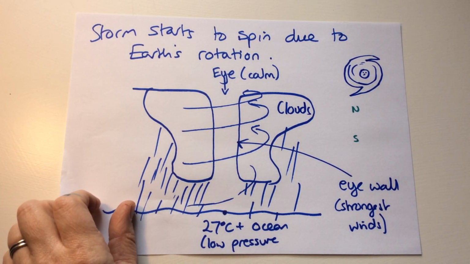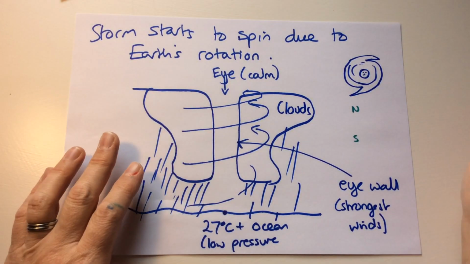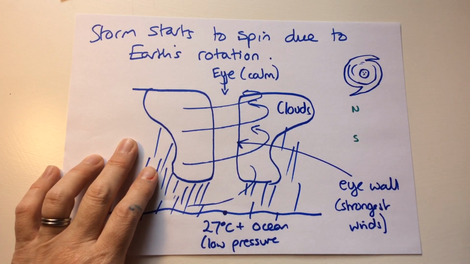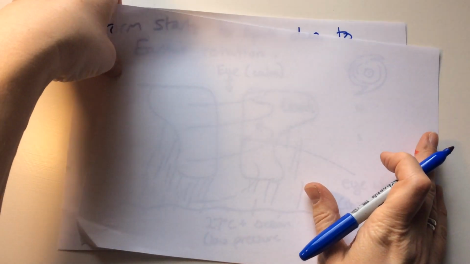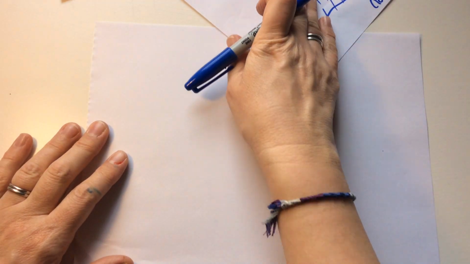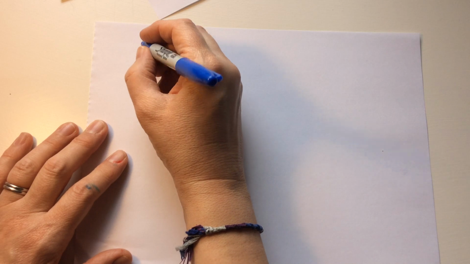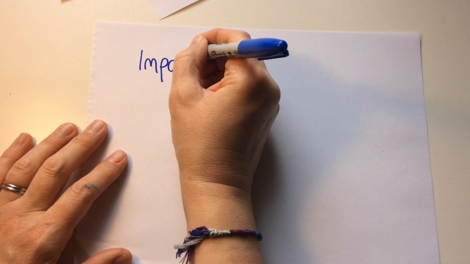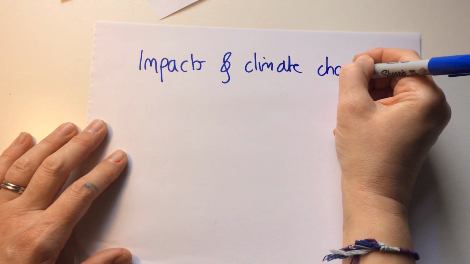Now, what will happen as the oceans warm? This is another key point in your GCSE. So, climate change. So the words you may see in the exam are the impacts of climate change. What are they?